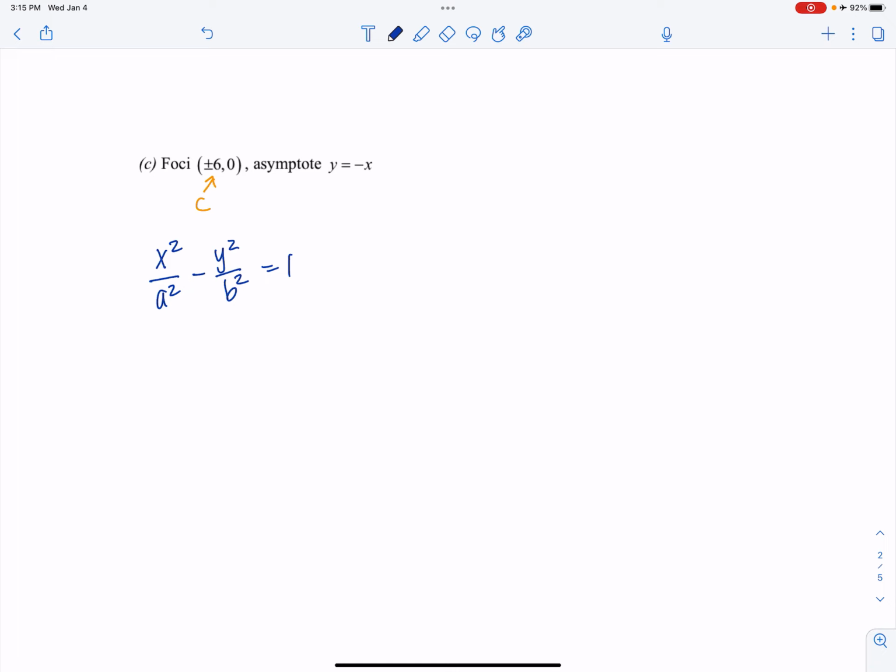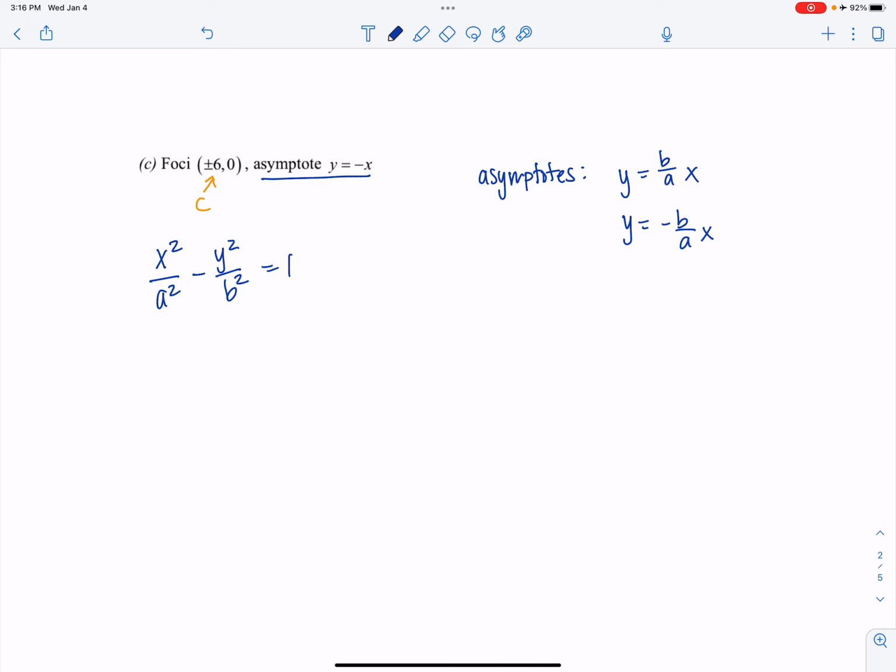I'm going to use the information that there is an asymptote at y equals -x, because I know that asymptotes are y equals b over a times x, and y equals -b over a times x.